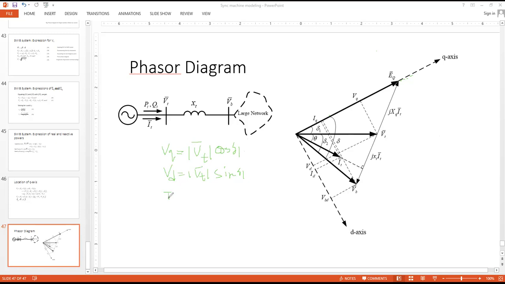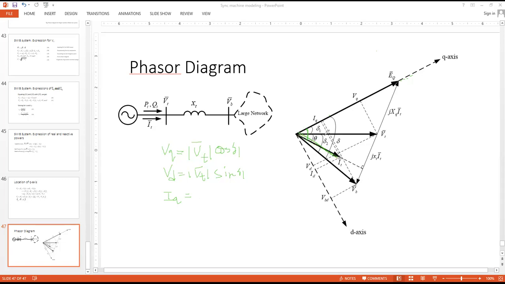What is ID or IQ? Let's take Q first. So it is delta 1 plus theta, right? This is the angle which covers delta 1 plus absolute value of theta, isn't it? Can you locate the angle between Q axis and IT? This is IT.